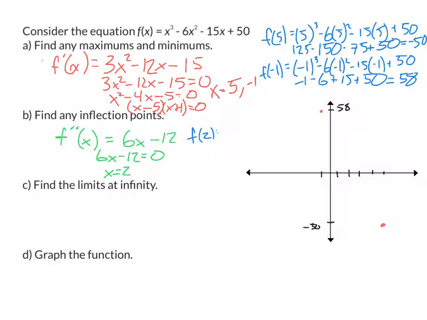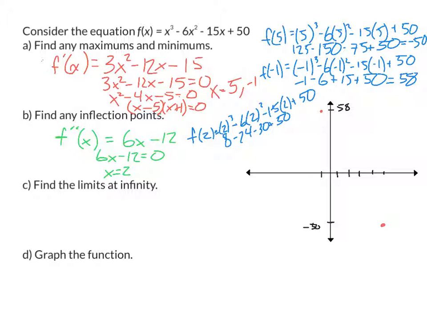And we have to go through all this rigmarole here. So 2 cubed minus 6 times 2 squared minus 15 times 2 plus 50. So 2 cubed is 8. 2 squared is 4 times 6, that's a minus 24, minus 30, plus 50. 8 minus 24 gets me a negative 16.